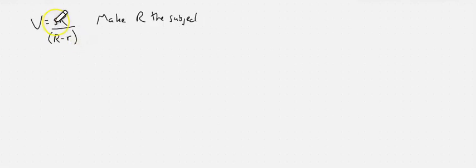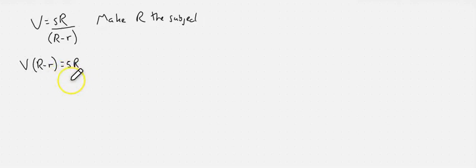So we could get rid of this denominator now by multiplying both sides by the same expression, capital R minus small r. So on the left side, we will get v multiplied by capital R minus small r. The brackets here help us with clarity. This is equal to 5R.